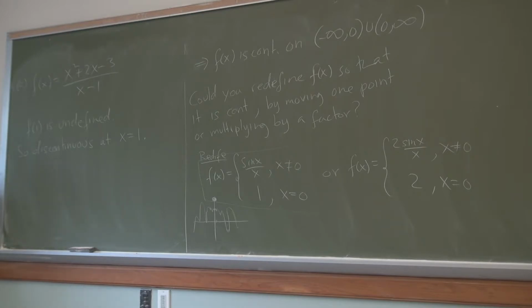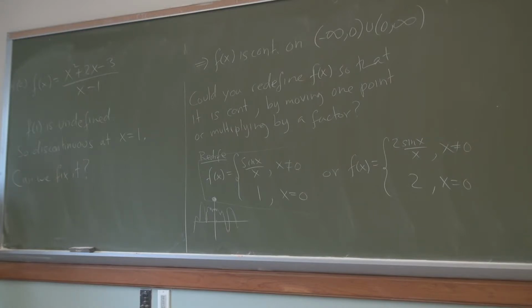I can't actually plug in 1 and get an answer, because I'd be getting 0 in the denominator. Undefined just means it doesn't have a value. There's no value you can assign to this thing. Can we fix it? Could we somehow redefine this function to eliminate the problem?